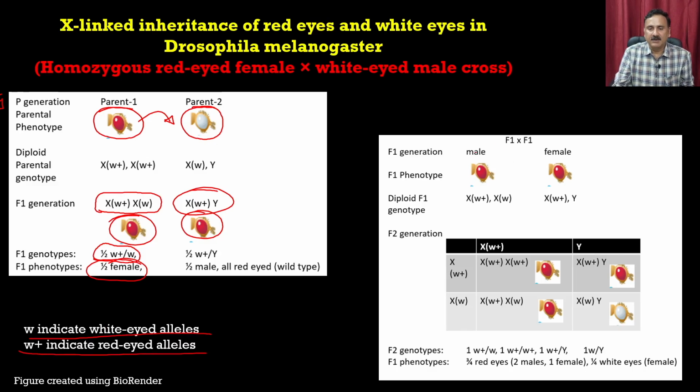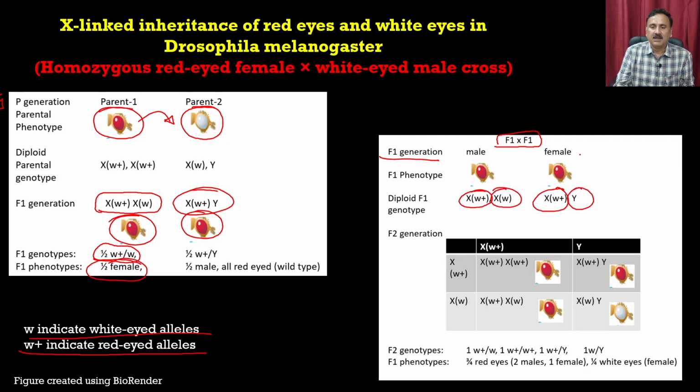Similarly, when you take the F1 generation and cross within it, you have X^W+ X^W versus X^W+ Y. The X here is from the female.